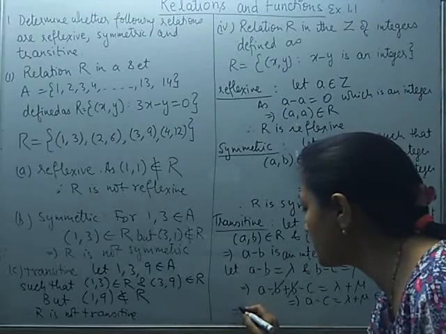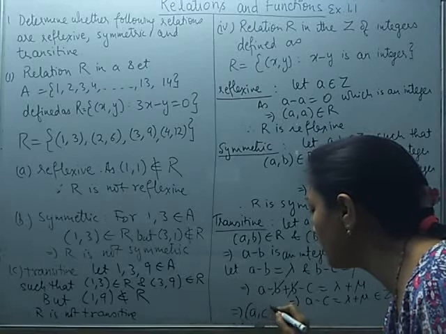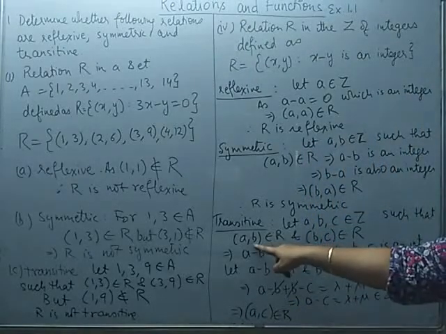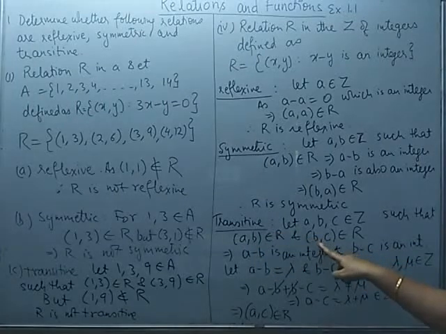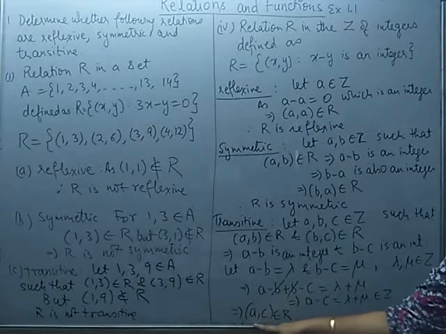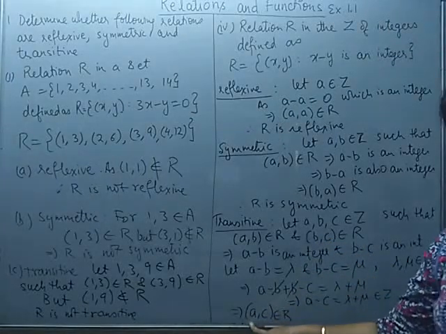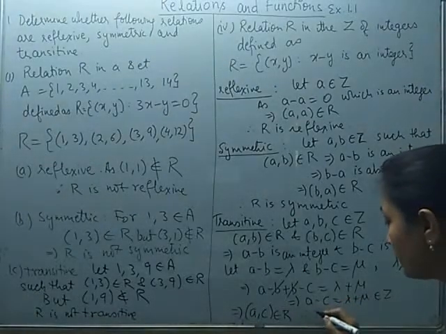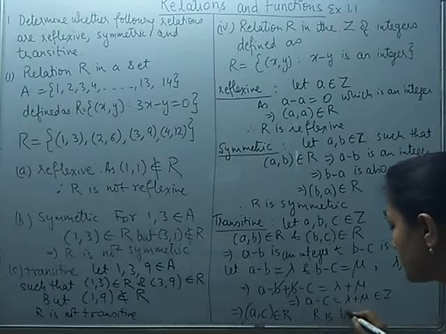That means the pair (A, C) belongs to R. So when (A, B) belongs to R and (B, C) also satisfies the given relation, we could establish that A satisfies the given relation with C. Therefore, R is transitive.